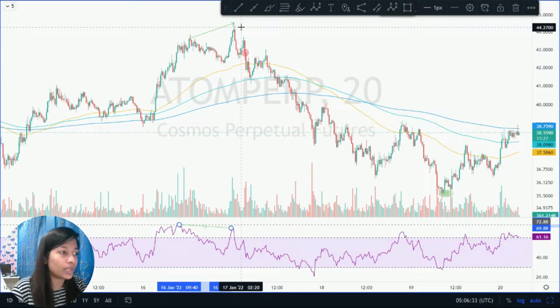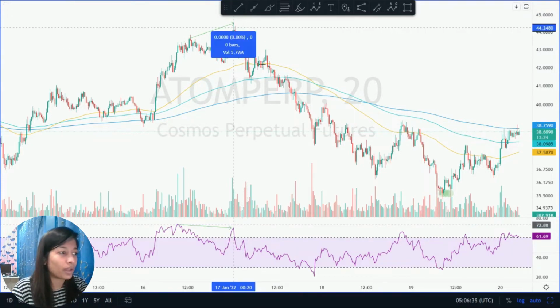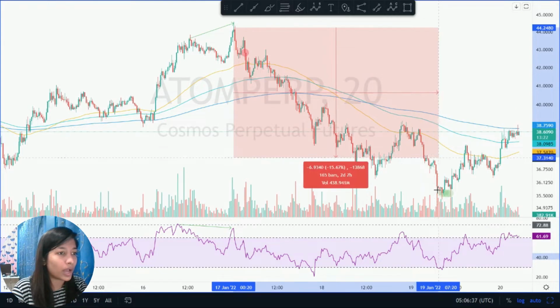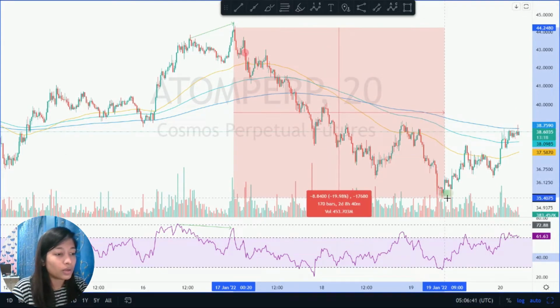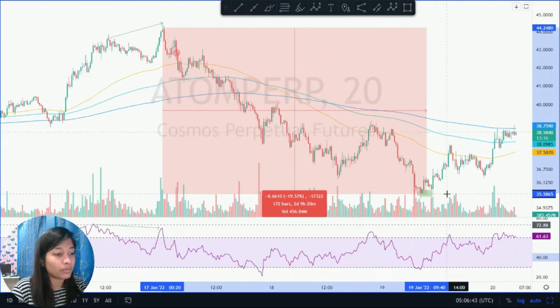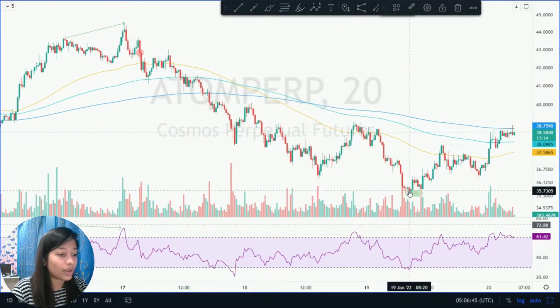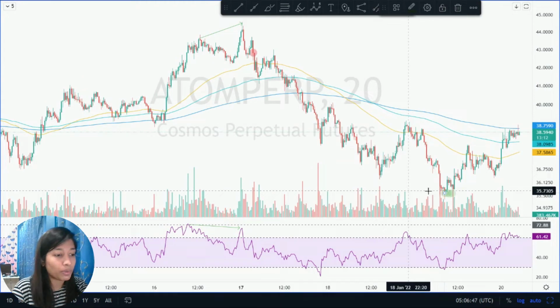Soon enough, in 3 days' time, the coin fell all the way from the high of 44 to the bottom of 35. Now, this is where, as you can see, marked by the green dots, I closed my position.